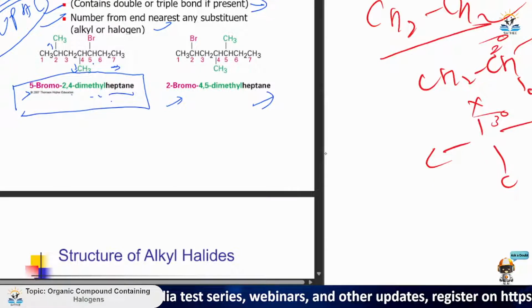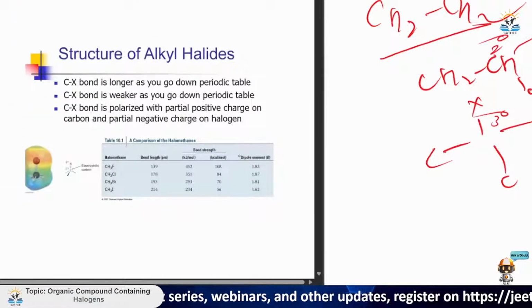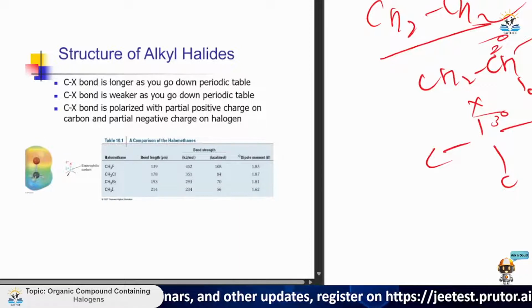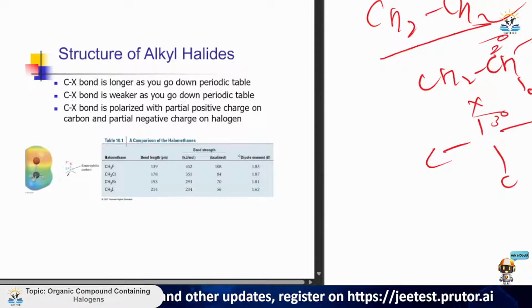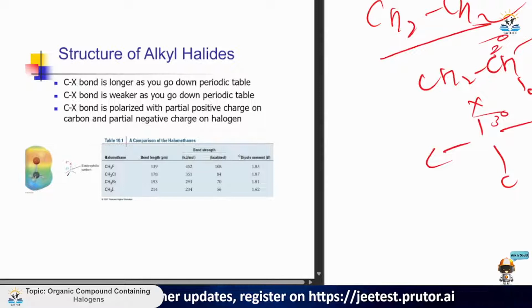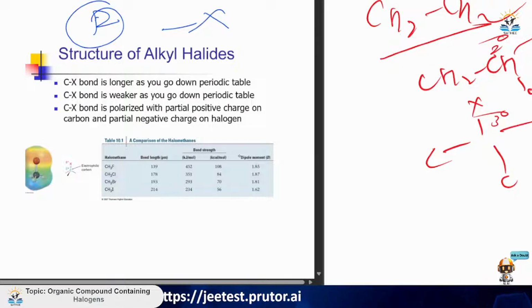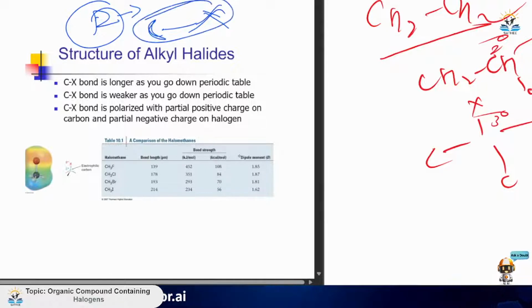What is the structure of alkyl halides? Coming to the structural part of alkyl halides, the C-X bond is longer as you go down the periodic table. The C-X bond is weaker as you go down the periodic table. Some trends are given related to the carbon, that is the R group, and that X, because the last atom of R connected to the halide will be carbon only. So we are talking about C-X bond length here.